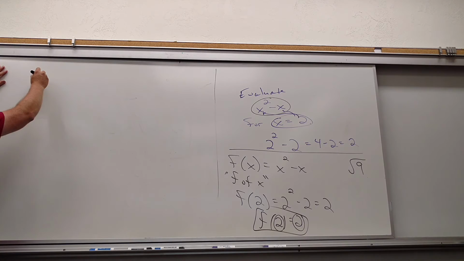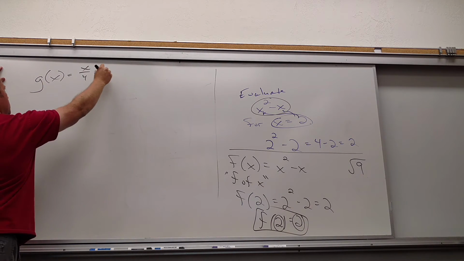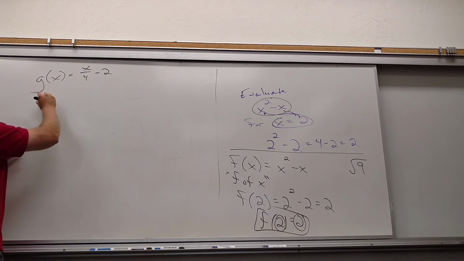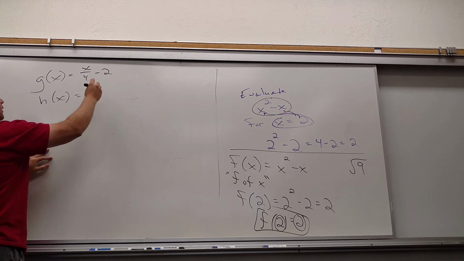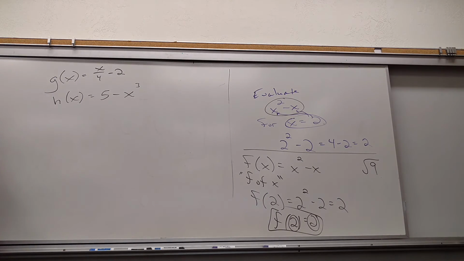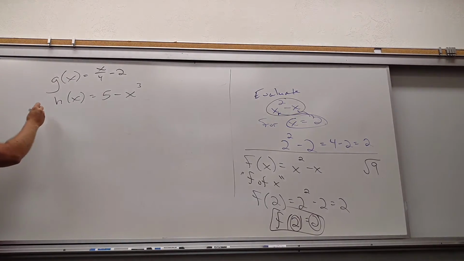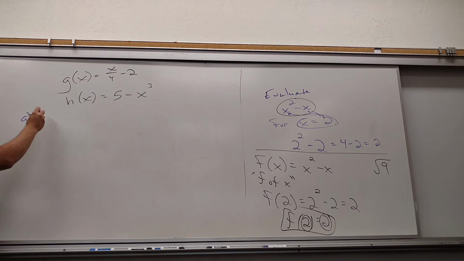Let's say that g of x is x over 4 minus 2. And let's say that h of x is 5 minus x cubed. So then what would g of negative 8 be?